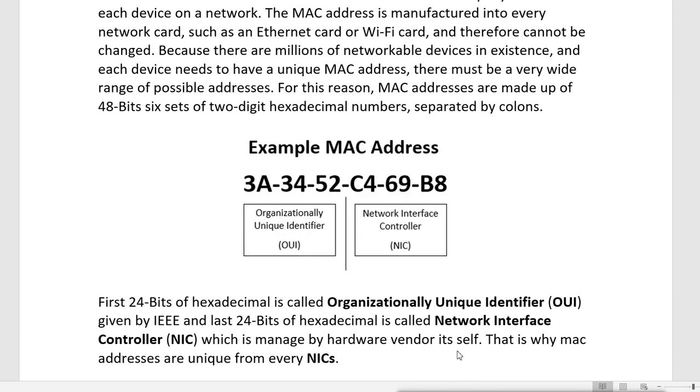Now the last 24 bits of the hexadecimal are called the Network Interface Controller part, which is managed by the hardware vendor itself, and this is why MAC addresses are unique for every NIC. So the first 24 bits are given by the IEEE to the hardware vendor who is making the hardware, then the rest of the 24 bits the vendor itself manages.